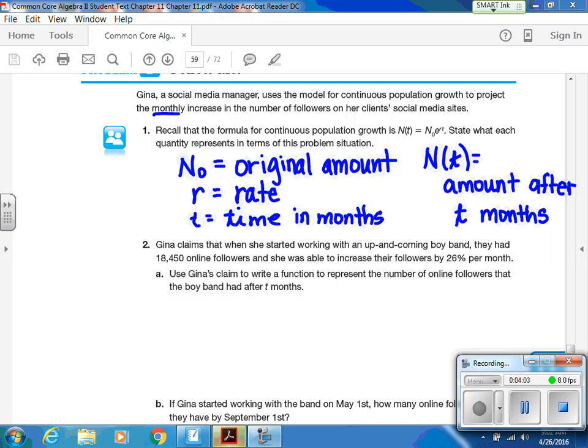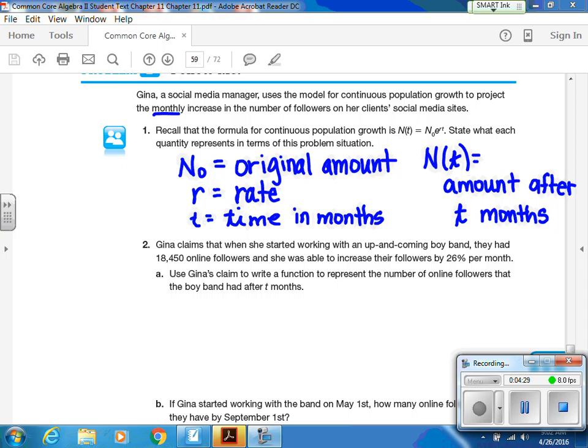Alright, number 2. Gina claims that when she started working with an up-and-coming boy band, they had 18,450 online followers, and she was able to increase their followers by 26% per month. Use Gina's claim to write a function to represent the number of online followers that the boy band had after T months.